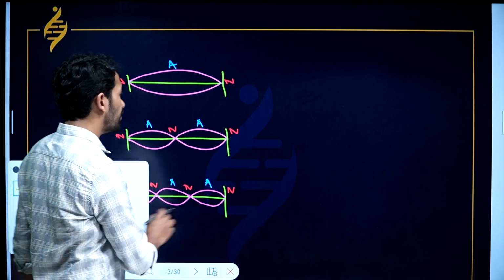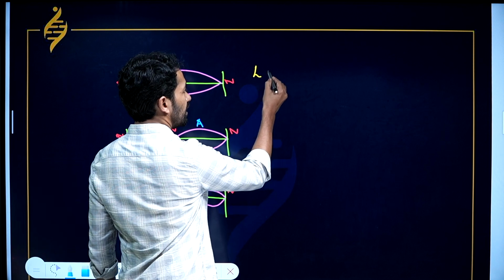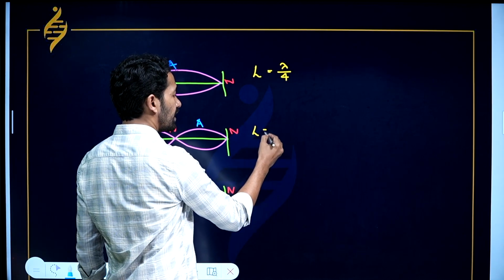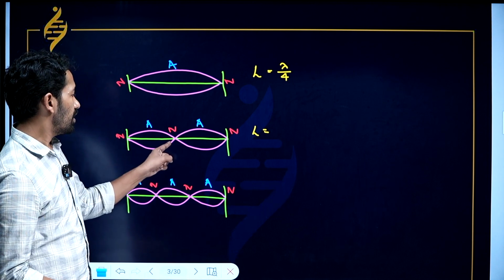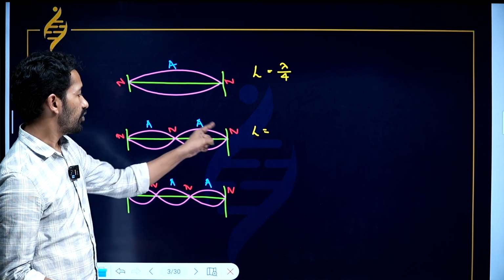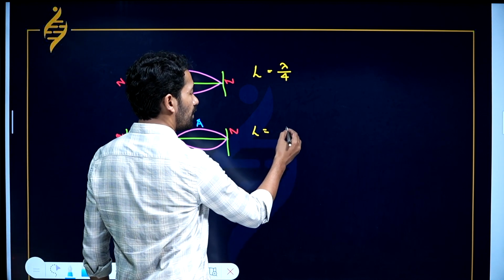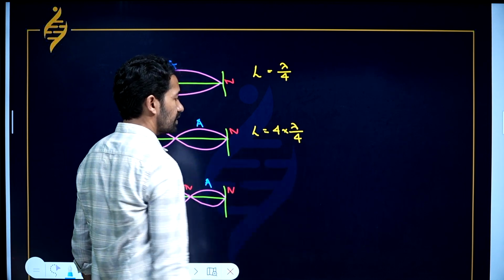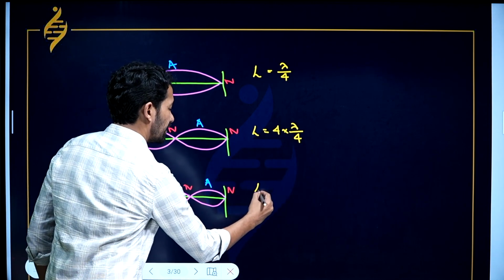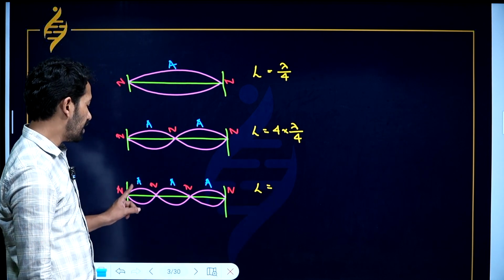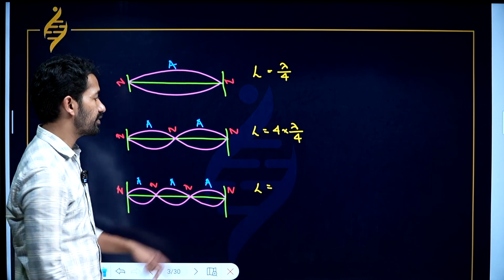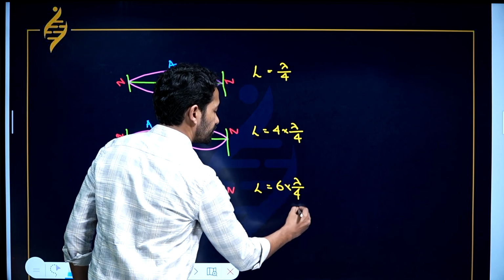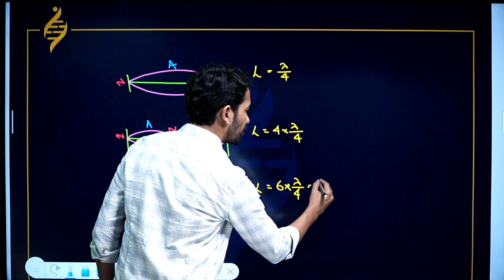First thing that we observe in every case is length. First case, length is equal to lambda divided by 4. In the second case, length is equal to 1, 2, 3, 4, 4 into lambda by 4. Right. In the third case, again length is equal to, see, 1, 2, 3, 4, 5, 6, so 6 into lambda by 4, or 3 lambda by 2.